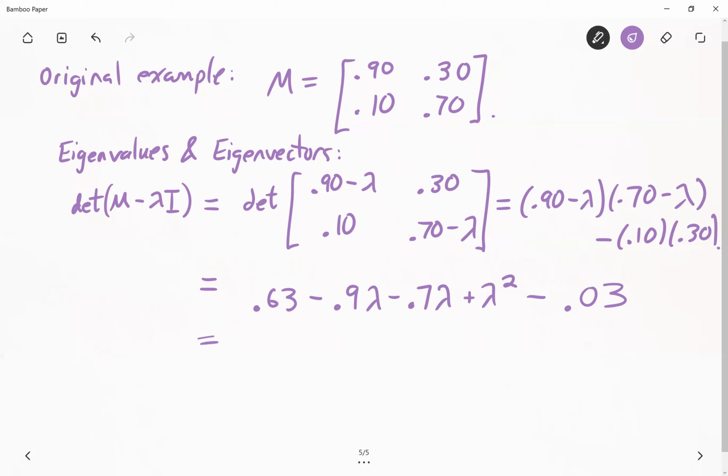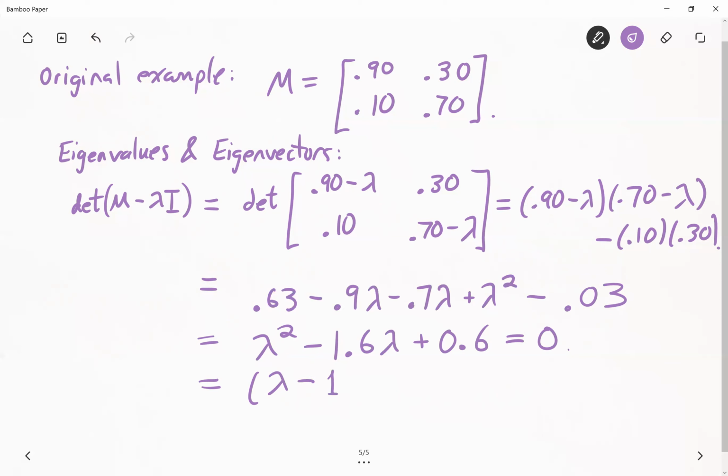Right, gathering like terms, we're going to have lambda squared minus 1.6 lambda. Then combining the constant terms, we have plus 0.6. And we're going to set this equal to 0 and solve for those eigenvalues. Let's see, this actually does factor nicely. Right? We want two numbers that multiply together to give us 0.6 and add together to give us negative 1.6.